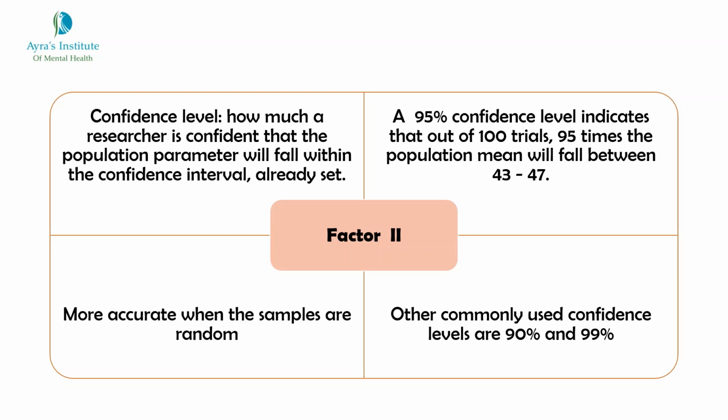Taking the above example, if a researcher says 95% confidence level, it means that out of 100 trials, 95 times the population mean will fall between 43 to 47. This is more accurate for a random sample. The other most commonly used confidence levels are 90% and 99%.